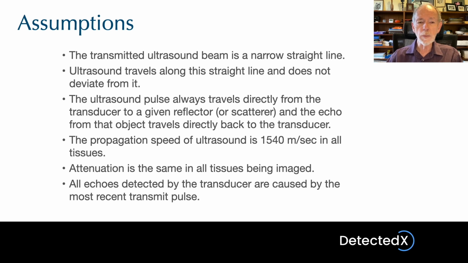The machine assumes the propagation speed is 1540 meters per second in all tissues, and that attenuation is uniform throughout the tissues. And finally, and quite importantly, the machine assumes that all of the echoes that it detects are caused by the most recent transmit pulse. When this is violated, we get a particular artifact known as range ambiguity.